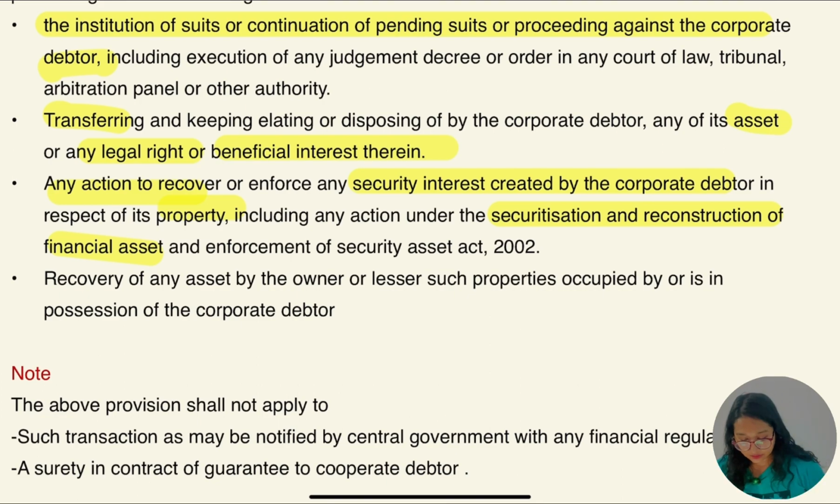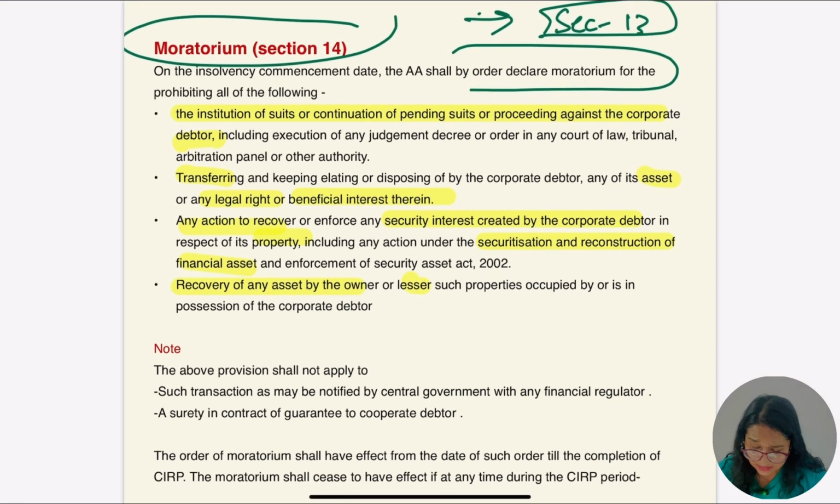So let me say it again. We have already covered three points. And the fourth is recovery of any property by an owner or lessor where such property is occupied by or is in possession of the corporate debtor. So these are the things which would be prohibited for the corporate debtor. They cannot transfer the goods, the rights, the assets.